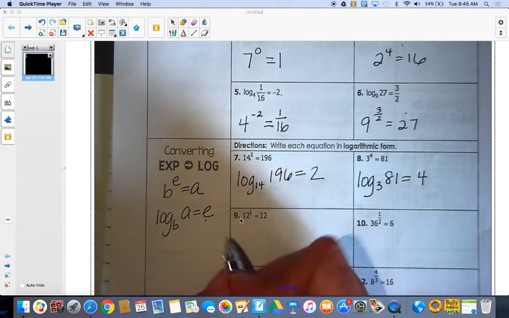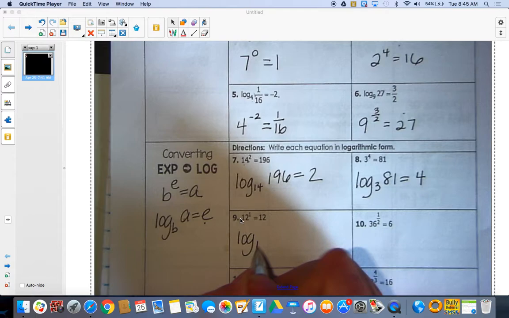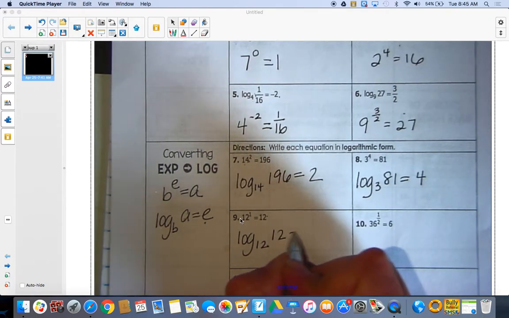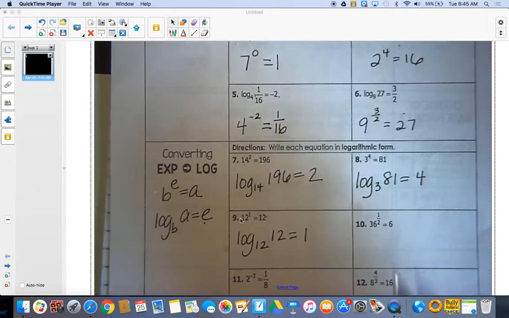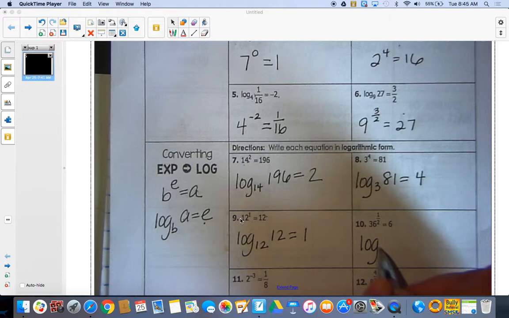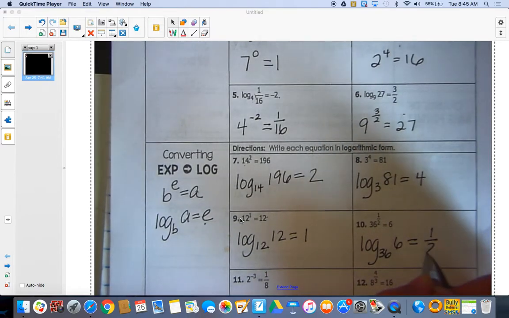Number 9, our base is 12, our answer is 12, and it equals our exponent. The next one, our base is 36, our answer is 6, and it equals our exponent.